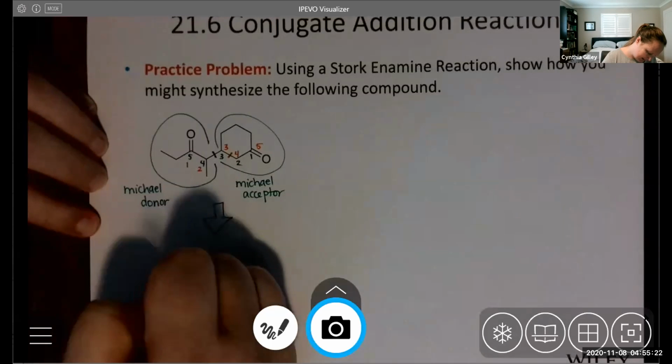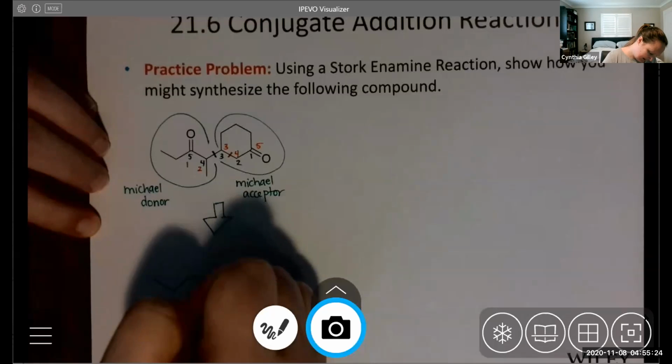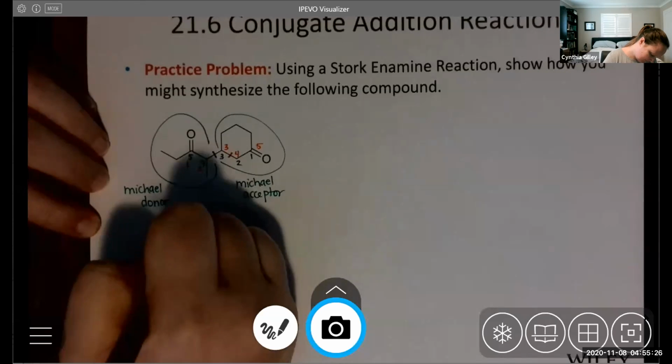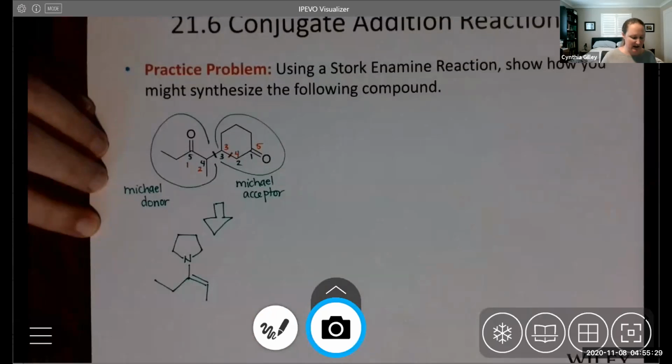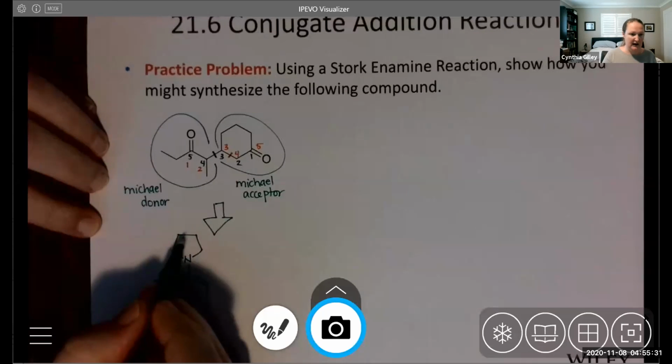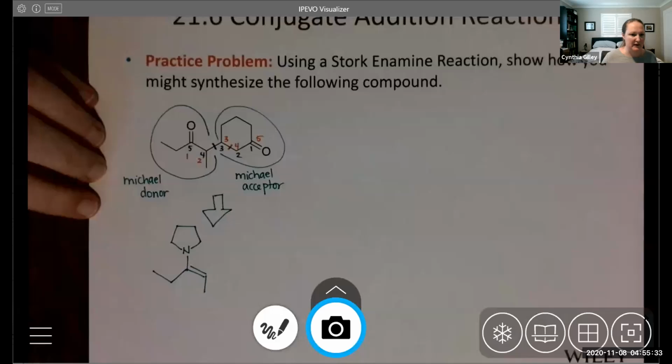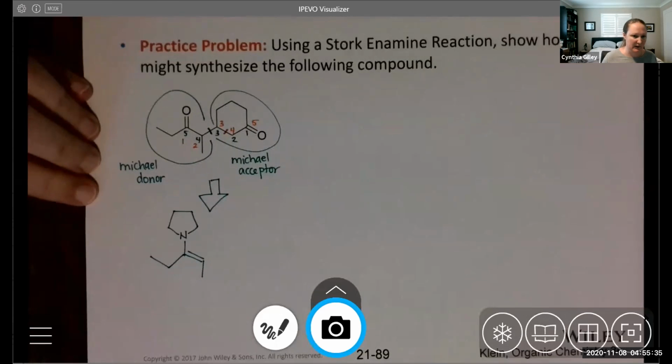So that simplifies to perhaps utilizing this enamine, some sort of enamine. It doesn't have to be a ring here, but it's a common type of enamine to form, so go ahead and use that one.